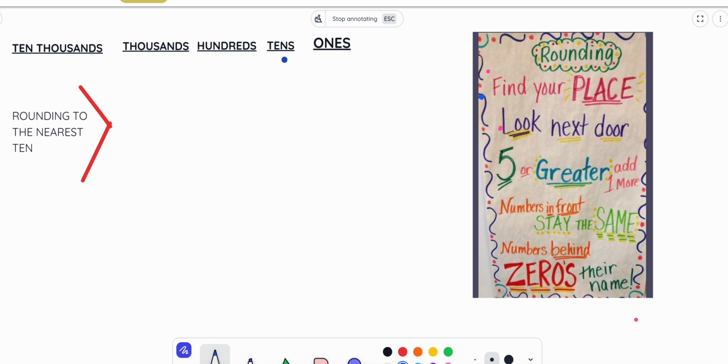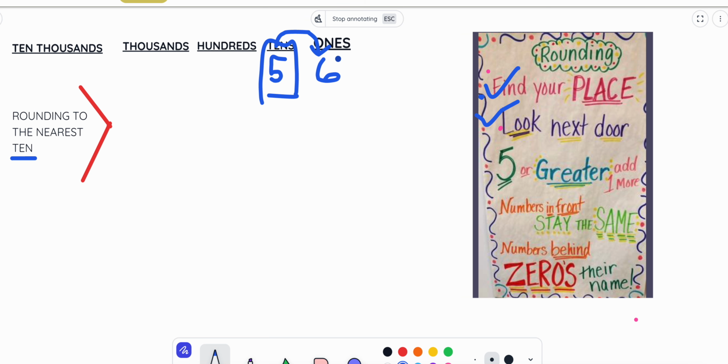Our number is going to be 56. So let's round 56 to the nearest 10. First, I'm going to find my place. We're rounding to the nearest 10, so that means I need to find my place. 10. All right, check. I need to look next door.